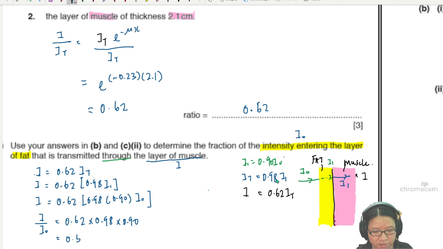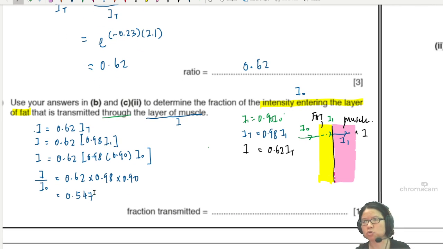So I guess 0.55. If the last number is a bit out, it's okay, not a problem. Just make sure that you show your working. I'm going to write 0.55 because we stick to 2SF.